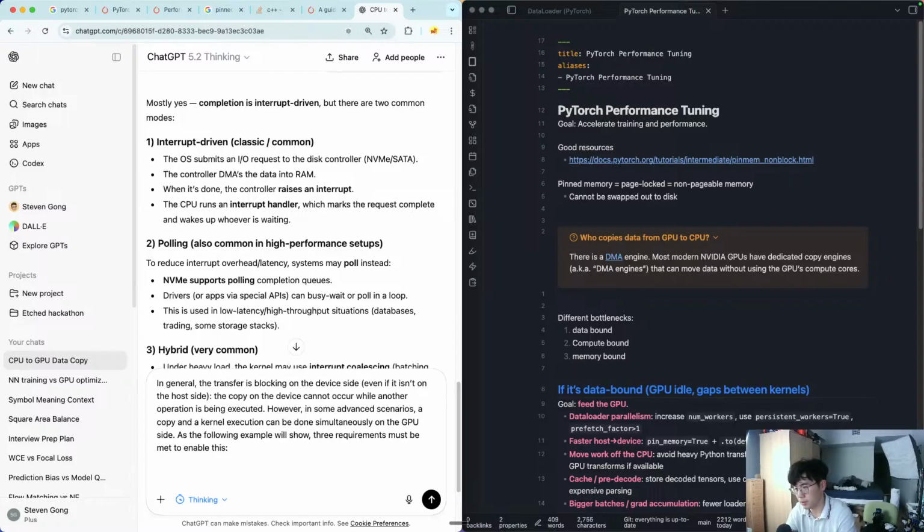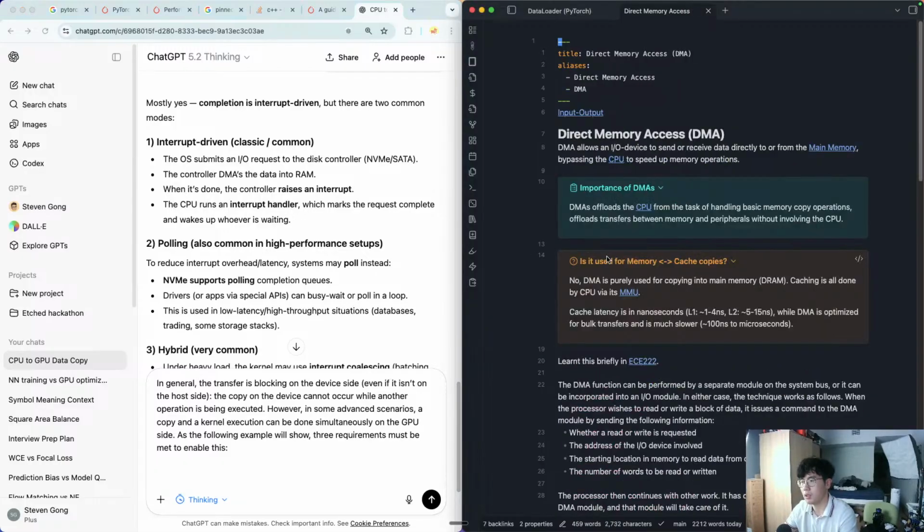So when I'm copying from CPU onto GPU, what happens is usually it's the driver. There's some DMA engine, like direct memory access.